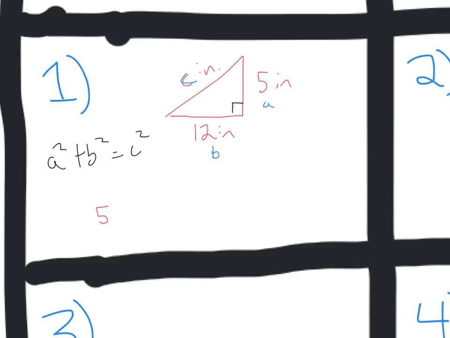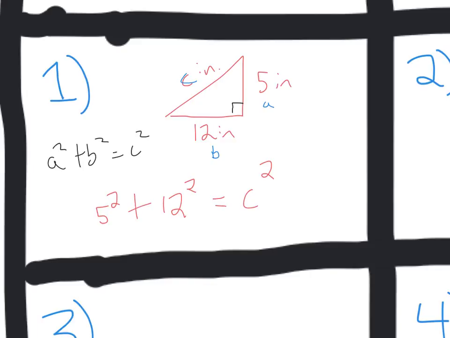Now you just have to solve it to figure out what the value of c is. I'm actually going to rewrite this equation over to the left, just so I can show it a little bit clearer. Okay, so we've got 5 squared plus 12 squared equals c squared.